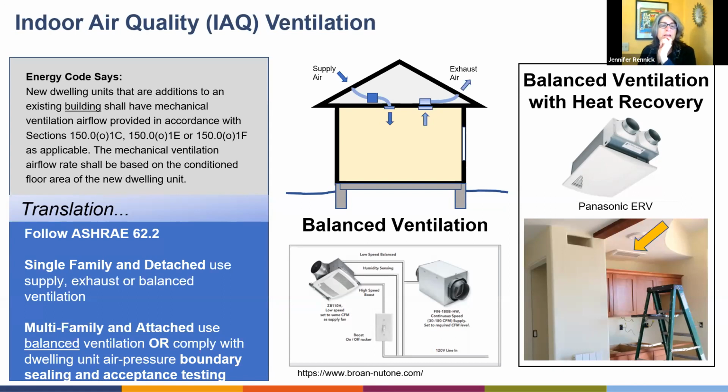If you don't want to do that, then you are supposed to make sure that your new project complies with dwelling unit air pressure, boundary sealing, and acceptance testing, which means you have to have a HERS rater come out there and test it and make sure that when they pressurize these units that they're not sharing their air back and forth, because ADUs, remember, are two separate independent living dwelling units.